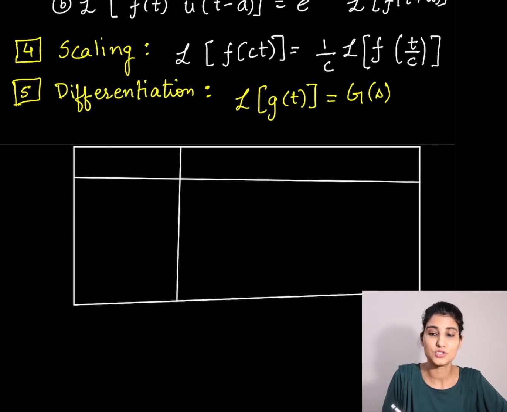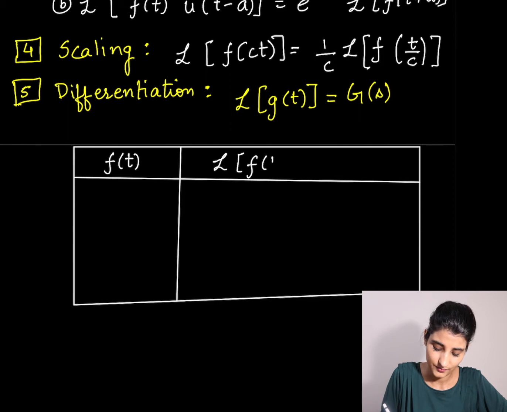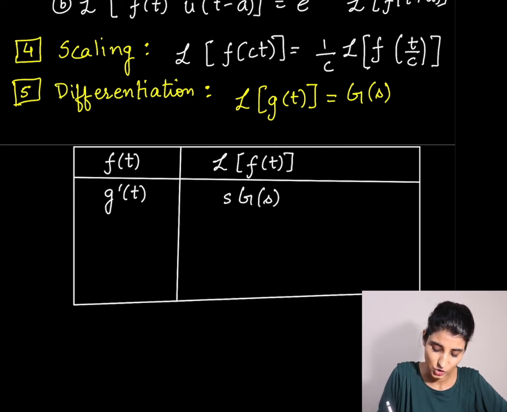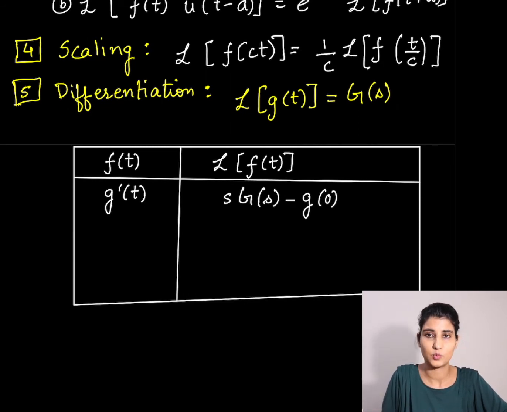In the first column we are going to write down the function, and in the second column we will write their Laplace transform. If we have derivative of a function g prime of t, its Laplace is s times G(s), where G(s) is Laplace of g, minus g(0), the value of g at point 0.